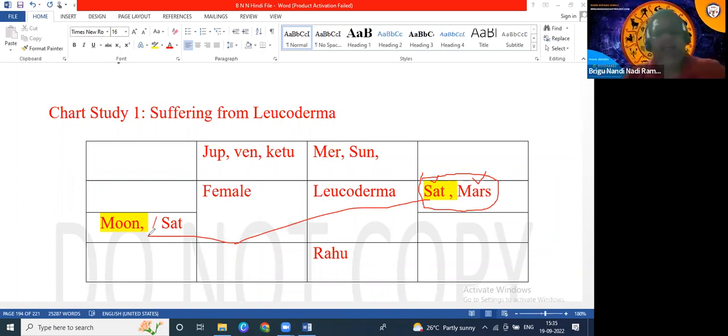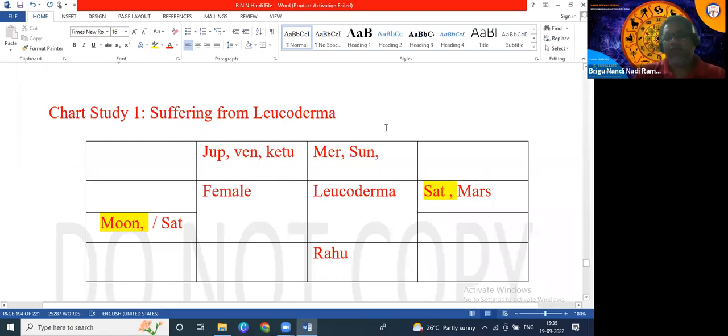So this angry Saturn in Parivartana Yoga comes to its own house, and at the same time from here it will aspect Sun. Sun is Surya Bhagavan. Then what will happen? Sun suffered this leukoderma, white patches, this health problem, as Shani Drushti on Sun.